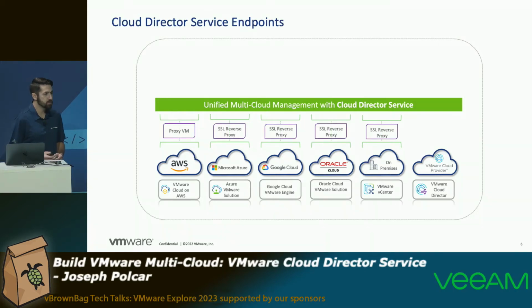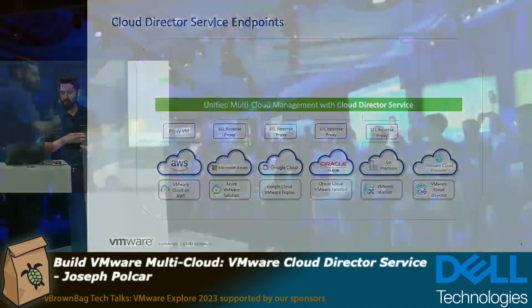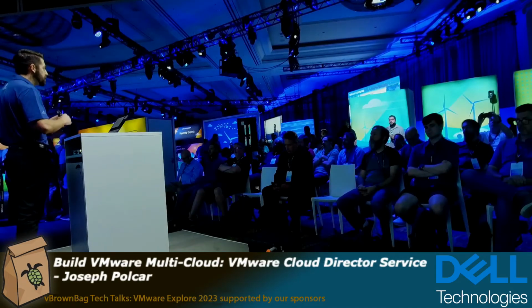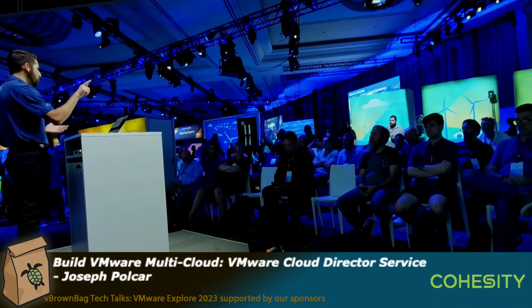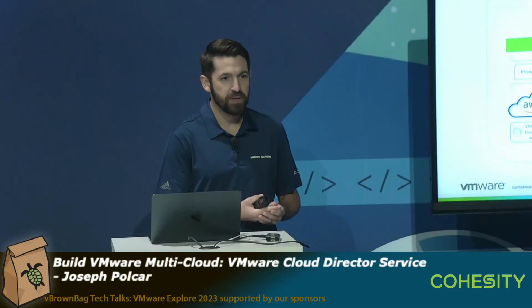This is made possible through an SSL reverse proxy. This proxy is generated in the VMware Cloud Services console, where you would manage your Cloud Director Service instance, which I'll hopefully show you a demo of here in a bit. You would generate an OVA and deploy that in the data center, and that establishes connectivity. All you need is outbound connectivity to like 3 or 4 URLs, and that's it.